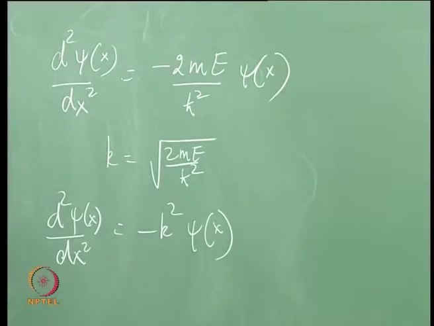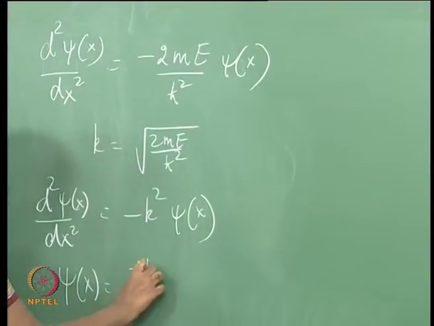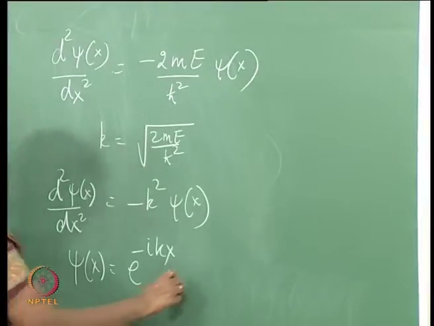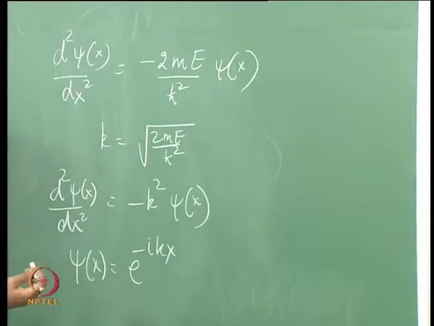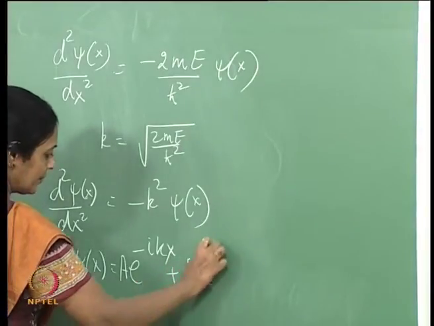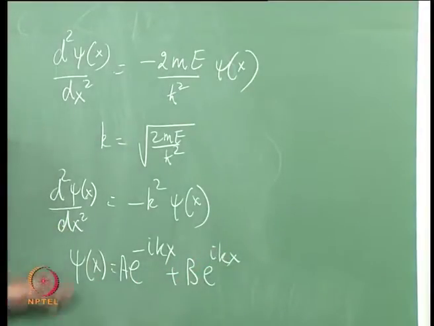I can solve for this. It is clear that psi of x is e to the minus ikx, that is one solution. There is also another solution which is e to the plus ikx, and therefore in general psi of x is A e to the minus ikx plus B e to the ikx.